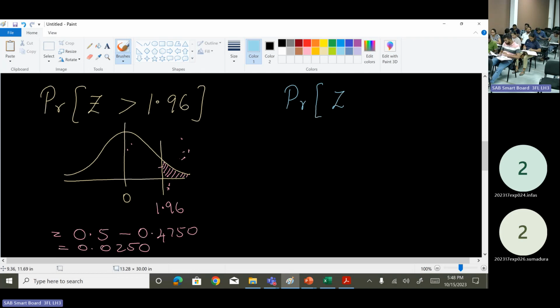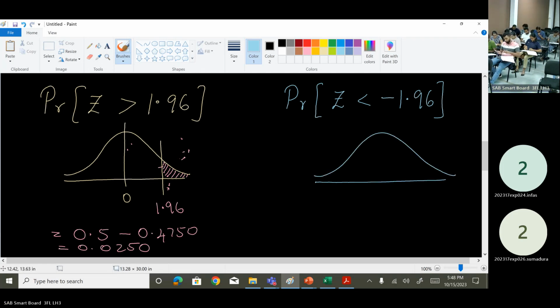Probability that Z is less than minus 1.96. Is it less than minus 1.96? So, Z scale. We can draw the structure, right? 0 comes in the middle.